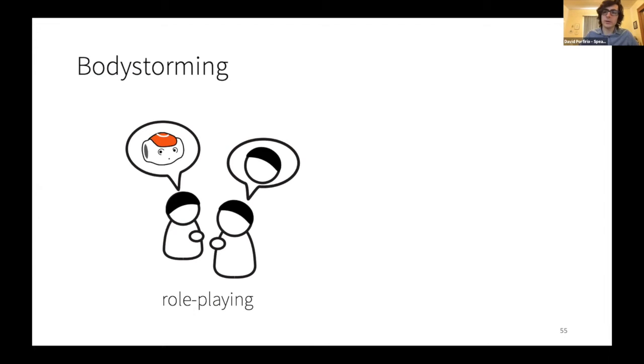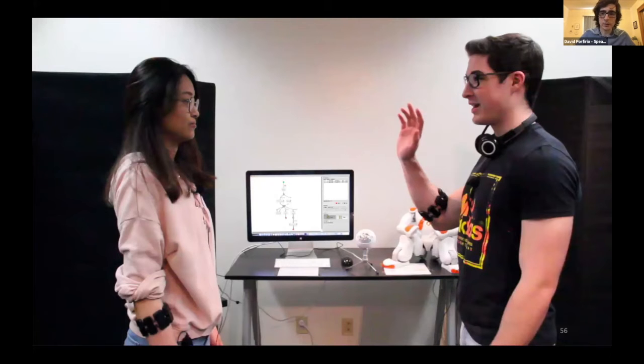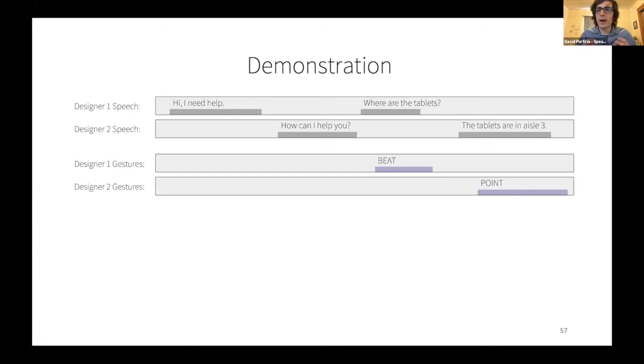And with bodystorming, we can unlock our intuitive knowledge about social interactions to form ideas about how we should program our robots. And this is done under the premise that we know more than we can tell, which sounds really similar to the idea of Kiwis, the related work, the idea of I know it when I see it being critical for design.